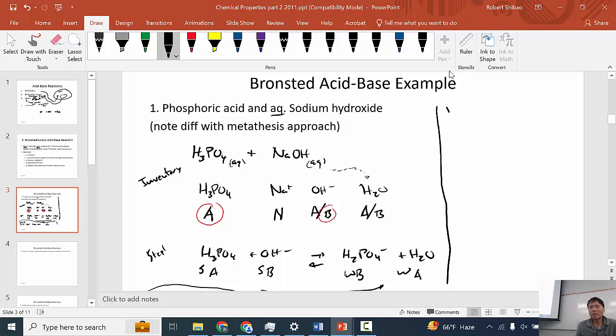This is also a metathesis reaction, because what we have is H3PO4 plus sodium hydroxide. And so it fits the A, B plus C, D pattern. In metathesis, we react to completion.